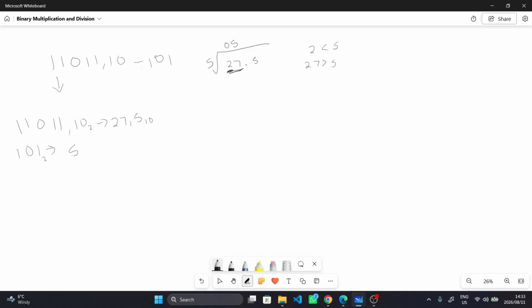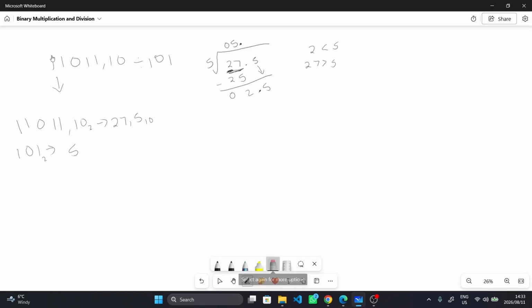And if you check, I think it goes in 5 times. So 5 times 5, we get what? 25. Minus that will be 2, then 2.5, right? And remember, when we bring a point down, we also put a point there, right? Then we bring this 5 down, and that becomes 25.